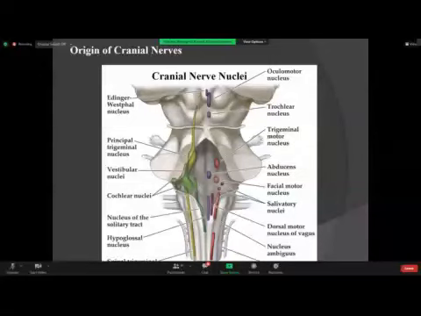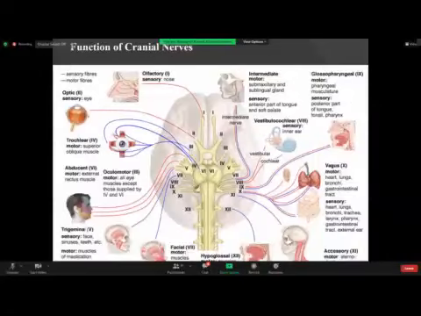All right, so let's talk about the functions of these cranial nerves. Olfaction for the first one, so this is coming in from the nose. The optic nerve, which is receiving information from the eyes. Okay, then you have your trochlear, okay, which is allowing the eye movement towards the upside.